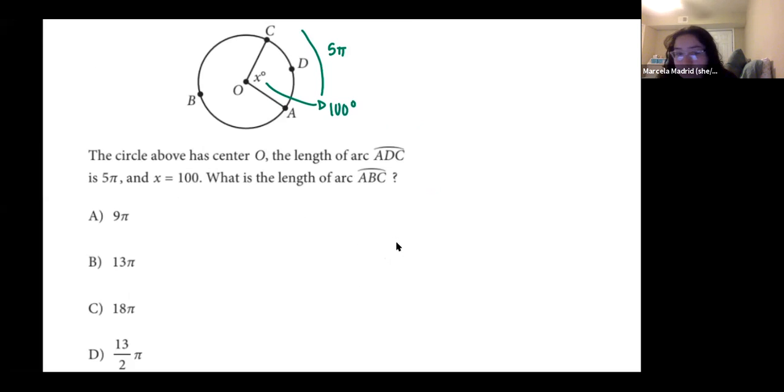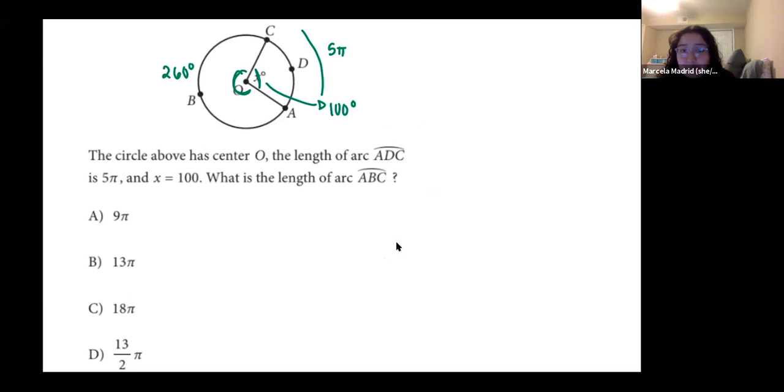The first thing you know is that in a circle, the measures of the angles add up to 360. So if you know that this portion right here, x, is 100, then you just have to figure out what this is. 360 minus 100, you're going to get 260 degrees.